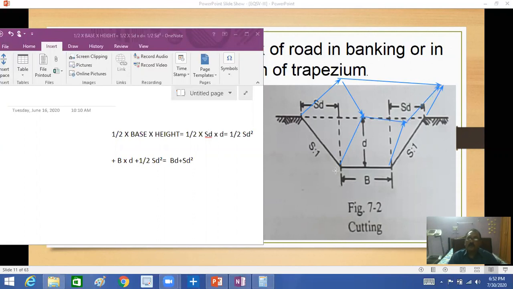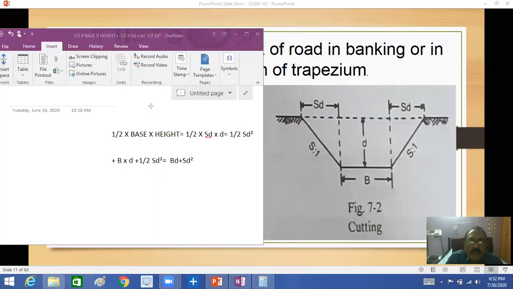Approximately, this is the shape of your trapezoid. To get the volume, first we calculate this area and multiply by the length, say 10 meters, area into 10, and you will get the volume. In this way we calculate the total volume of the canal, or quantity of earthwork.